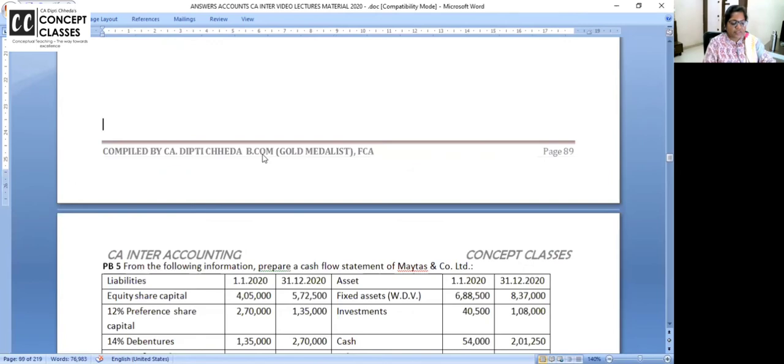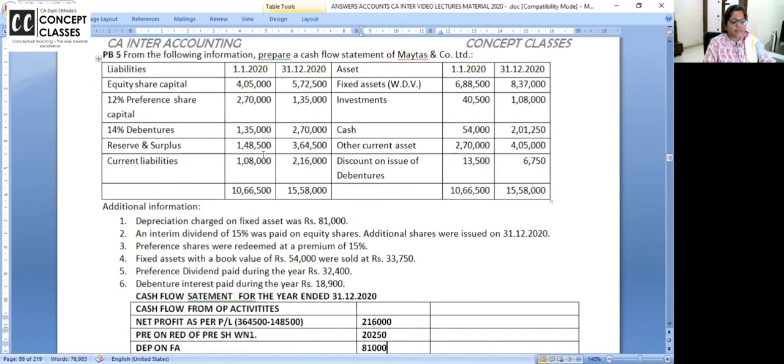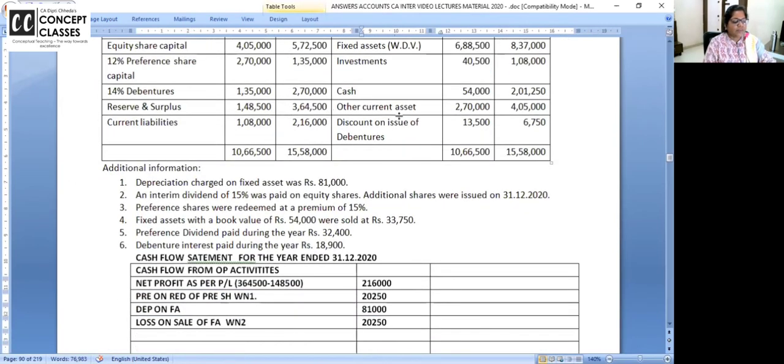We have finished with fixed assets. Now look at the investment. Look at the screen. Investments were 40,500 and now they are 1,08,000. And in the adjustment, no investments are sold. So no need to prepare the ledger.